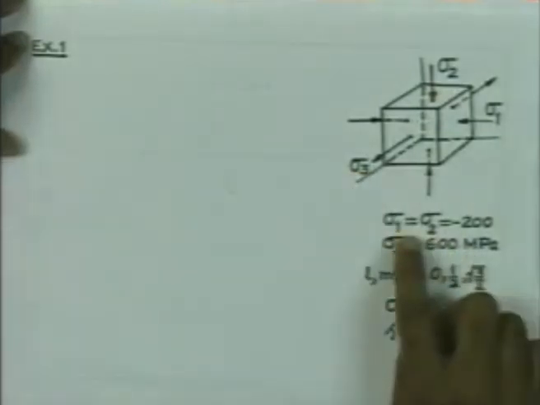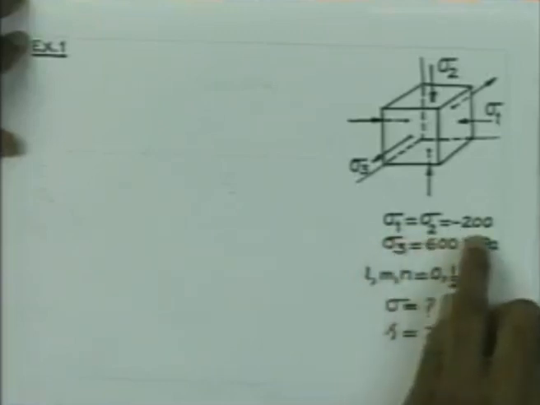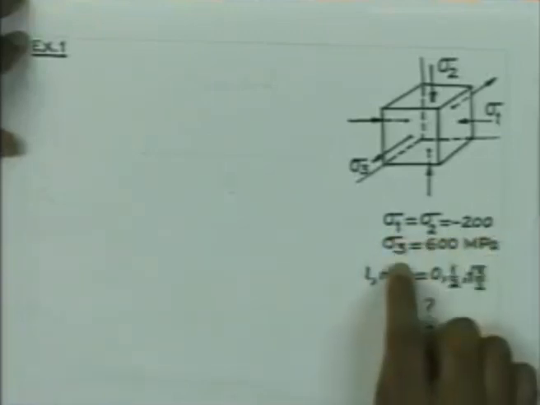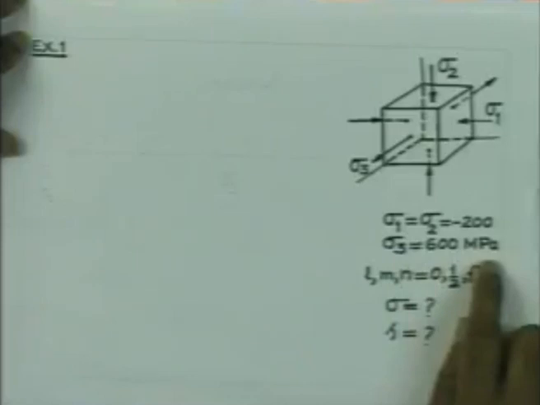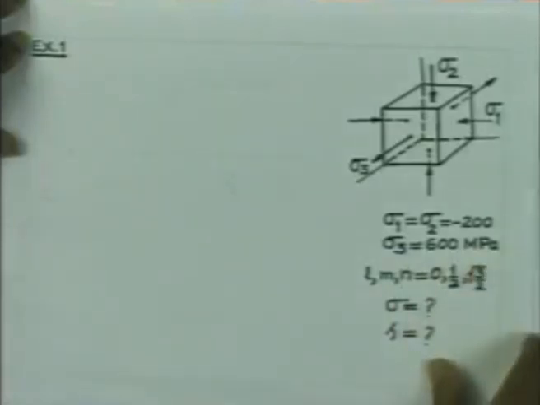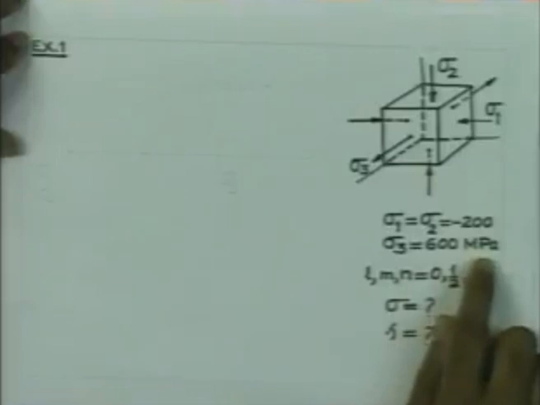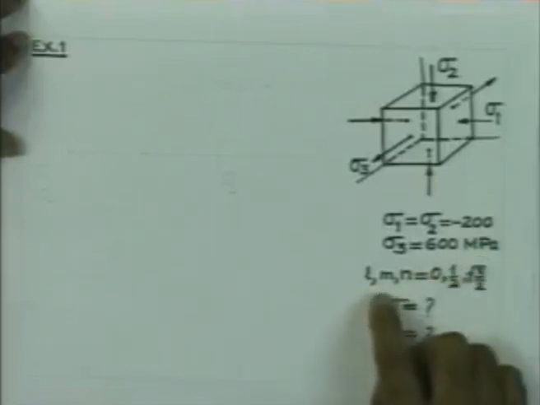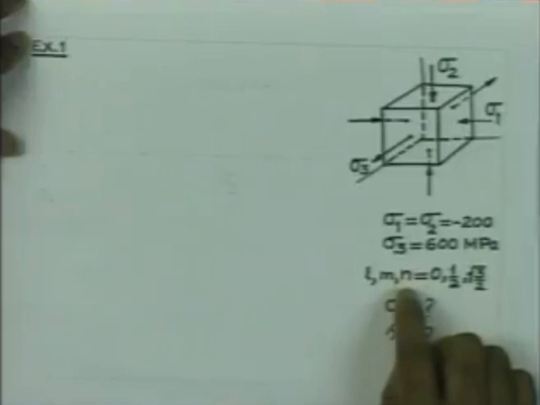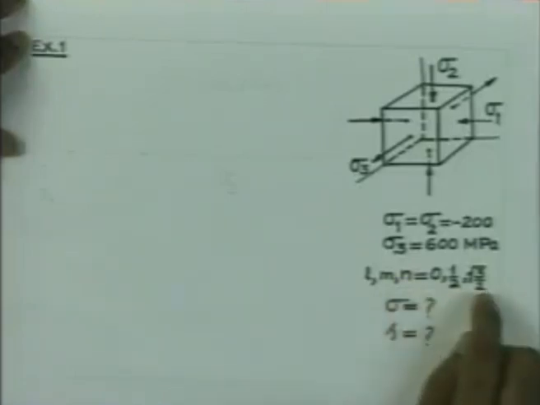The magnitudes of the two principal stresses sigma 1 and sigma 2 are minus 200 MPa and sigma 3 is 600 MPa. In this case, we need to find the stress on a plane whose outer normal is making an angle of 30 degrees with the sigma 3 direction and 60 degrees with the sigma 2 direction.